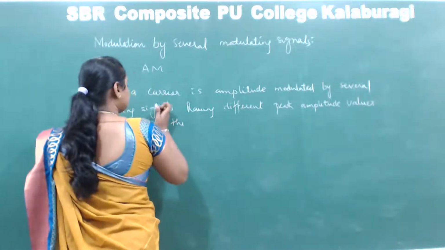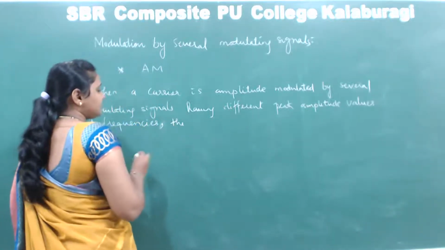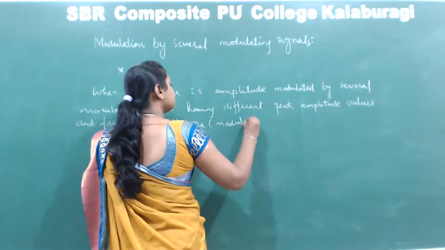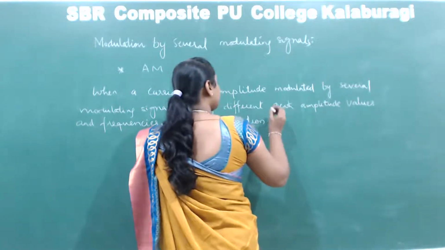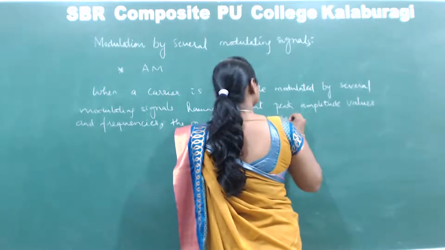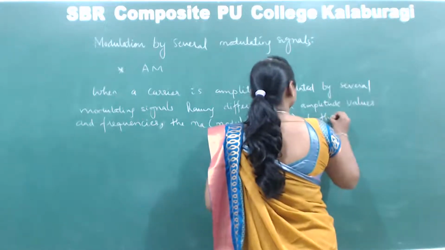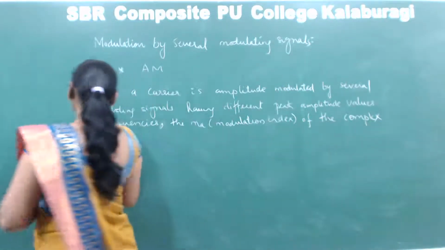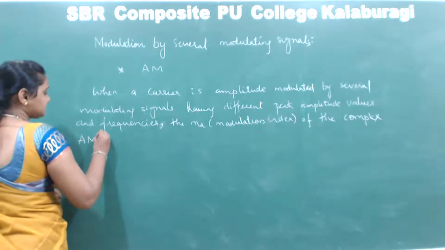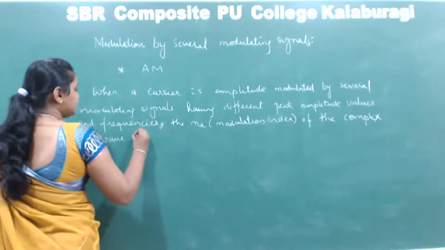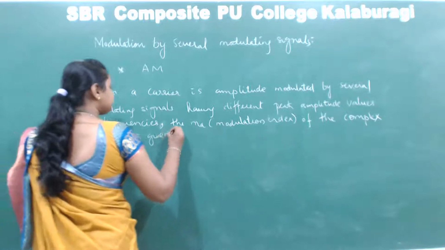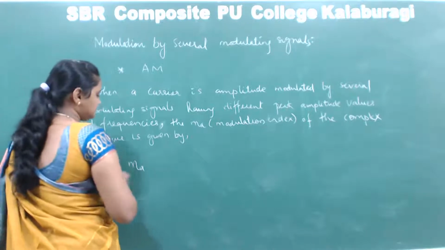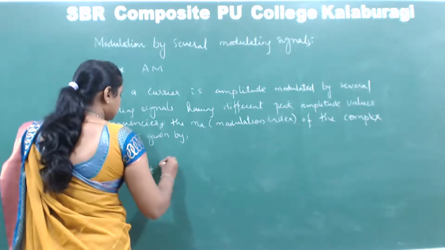the modulation index MA of the complex AM wave is given by MA total.